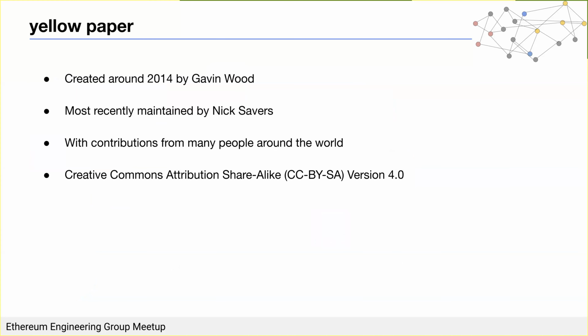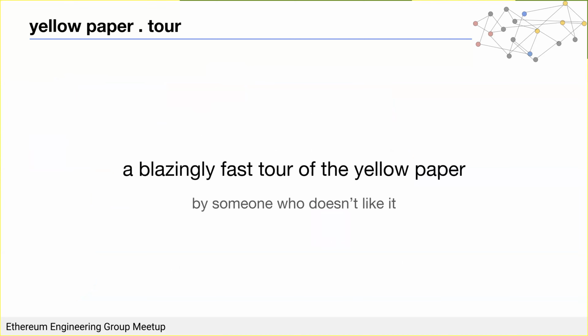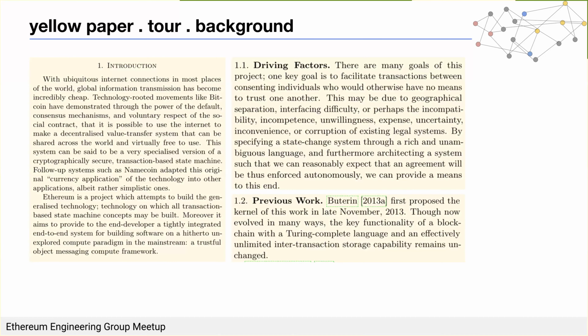in this presentation. So now, let's go through really, really quickly what the yellow paper is. And I am warning you now, I am incredibly biased against the yellow paper. So take everything I say with a grain of salt. So first we start off with the background section. This is probably one of the nicest things about the yellow paper's format.